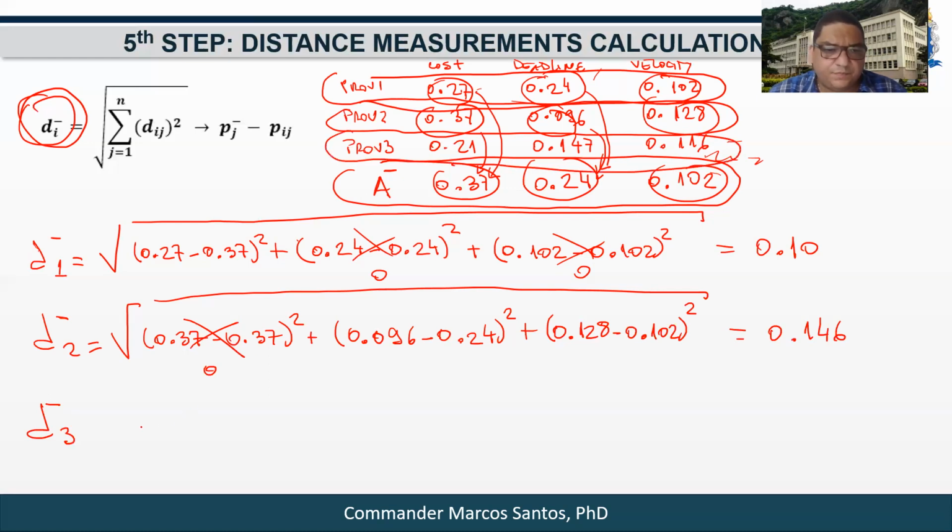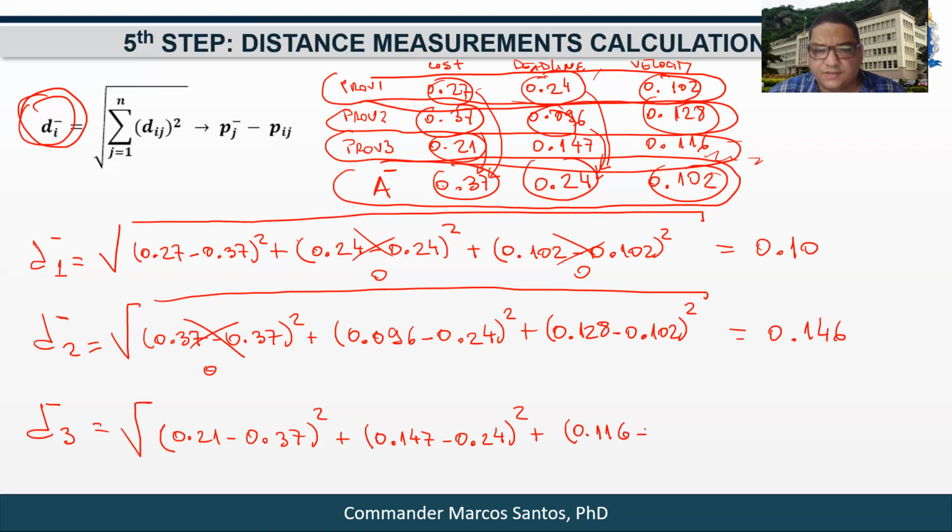The same way, square root 0.21 minus 0.37 square plus 0.147 minus 0.24 square plus 0.116 minus 0.102 square.